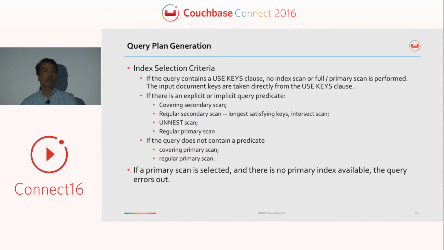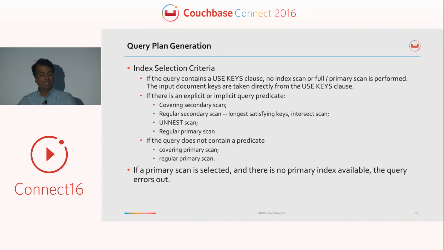That means if multiple indices are qualified for a particular query, we choose the index with the longest number of keys that are used by the query. And if there are multiple indices that satisfy, we can use the intersect scan as well.